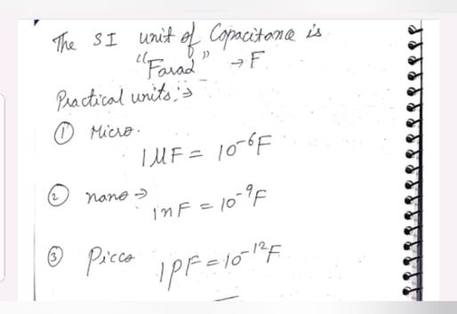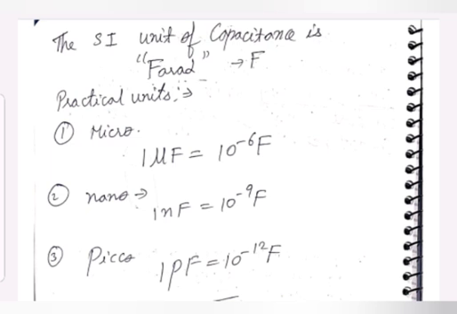As you can see, I have mentioned that the SI unit of capacitance is farad. But 1 farad is a very large unit which is generally not used. Practically, some other units are used. The practical units for capacitance are: number one is microfarad, where 1 microfarad is equal to 10 to the power minus 6 farad.